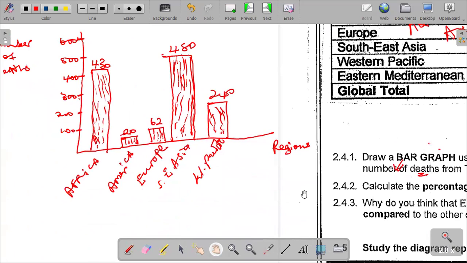Yes, the Eastern Mediterranean is 99. So it goes close to 100 somewhere there, and it's 99, which is Eastern Mediterranean.